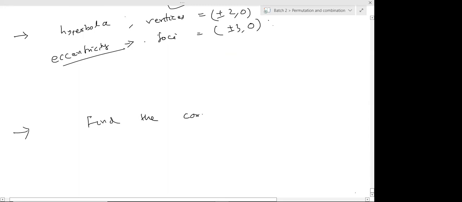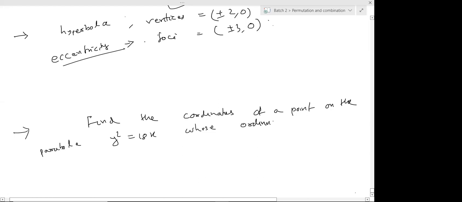Find the coordinates of a point on the parabola y square equals 18x, whose ordinate is 3 times the abscissa.